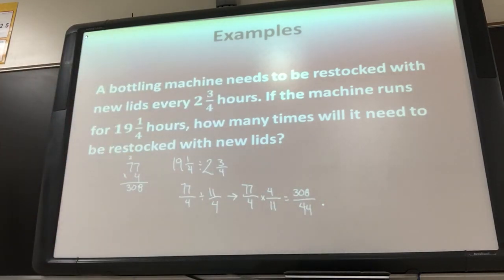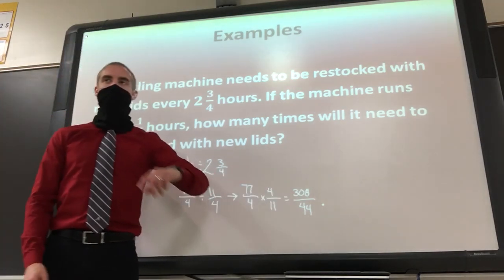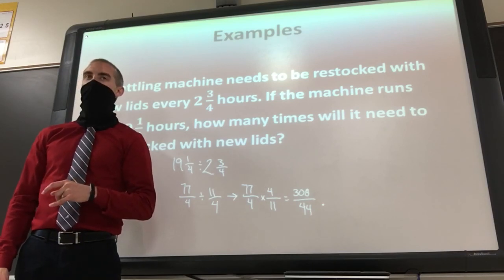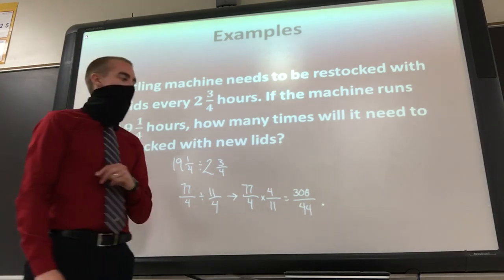All right, which do we think would be easier to do first? Change to a mixed number or divide 308 and 44 by the same thing? Divide it by the same thing. That might give us some smaller numbers to change to mixed numbers. What can we divide 308 and 44 by? Are they both even? So we can divide by 2. All right.